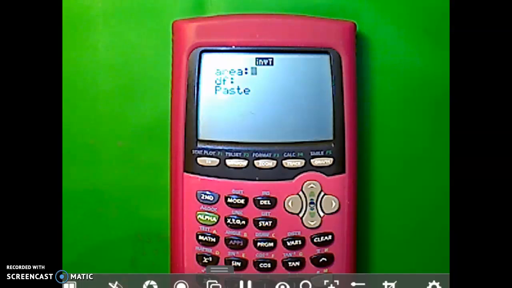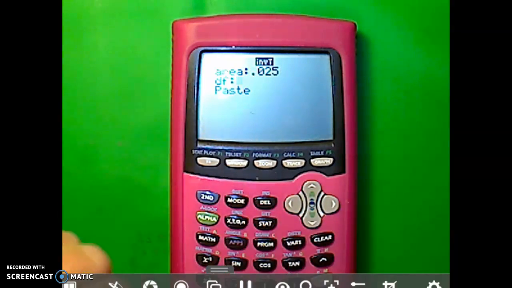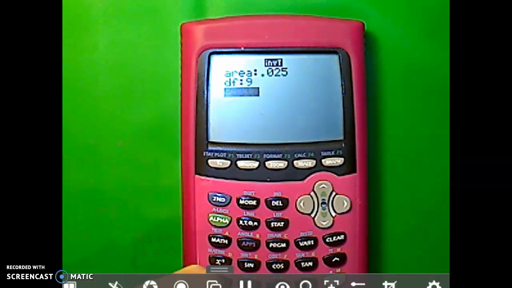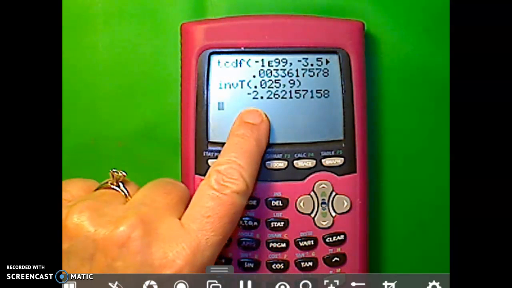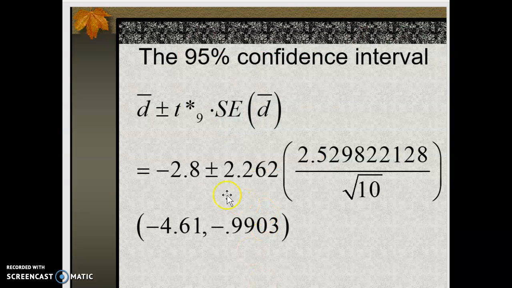It's a 95% confidence interval, so 0.025, only half of that 5% tail we're interested in. Degrees of freedom is 9. We'll paste that. And there's your negative 2.262. And if you crank all that out, you get negative 4.6 to negative 0.99.